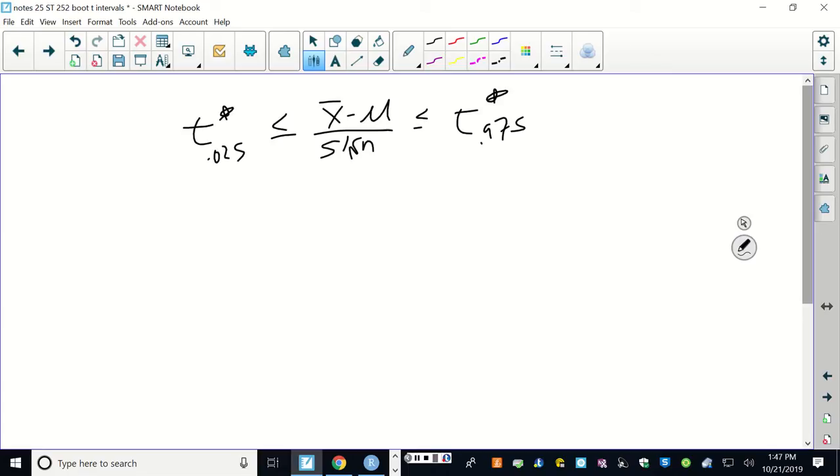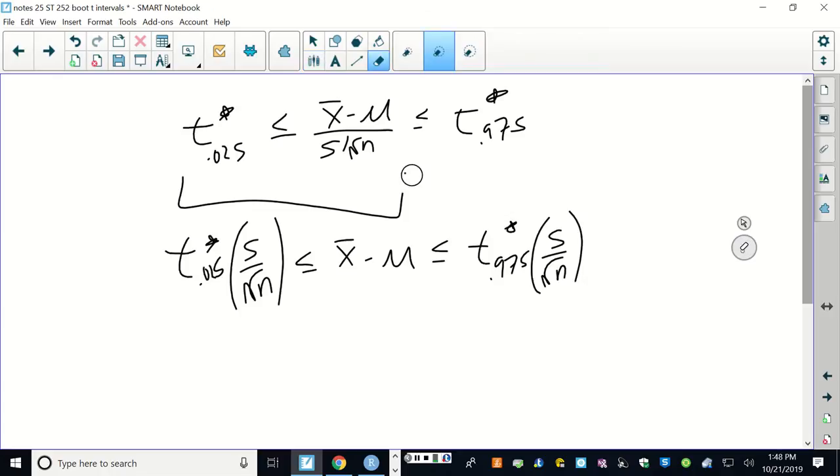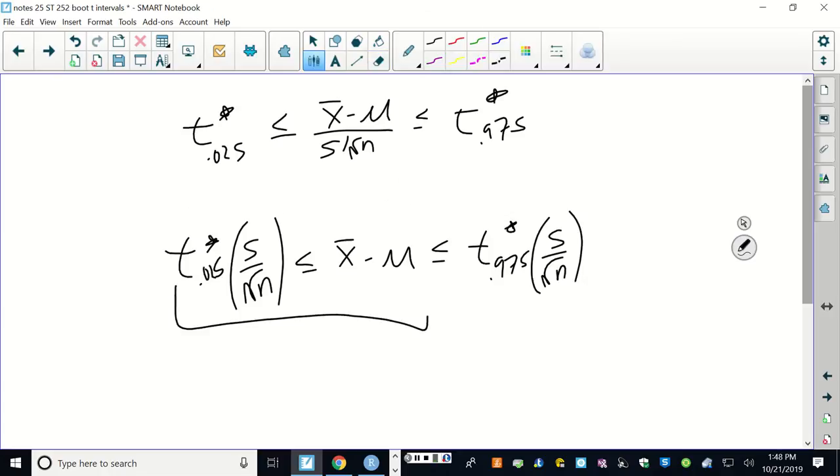And so if you take this left hand side over here, we can multiply by s over the square root of n, that's less than or equal to x bar minus mu, less than or equal to the 0.975 star times s over the square root of n here. And now, if we take just the one side part of it, we can add mu to both sides and subtract this part.